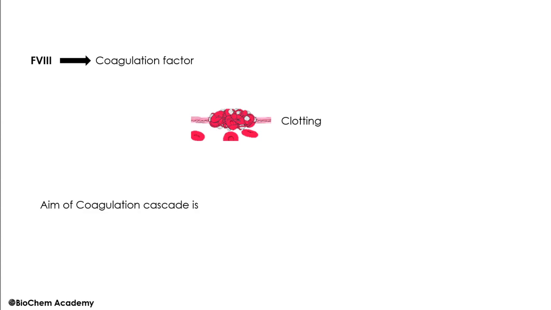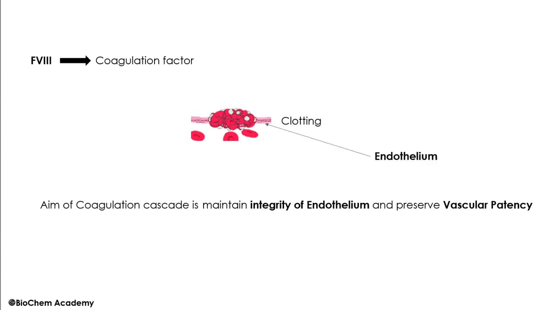The primary function of the coagulation cascade is to maintain the integrity of the endothelium while preserving vascular patency. So endothelium is the inner lining of the blood vessels shown by this arrow. And what I mean by vascular patency is the degree to which the blood vessels are not blocked or obstructed. So this is the main aim of the coagulation cascade.